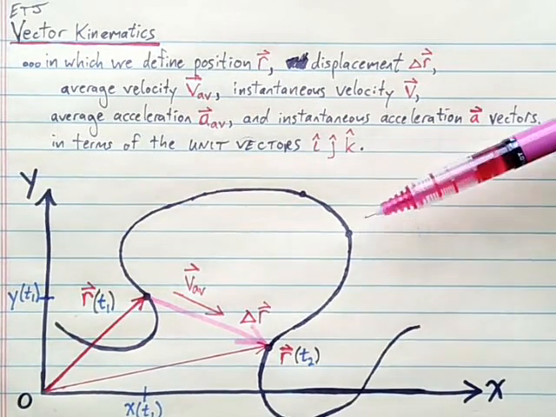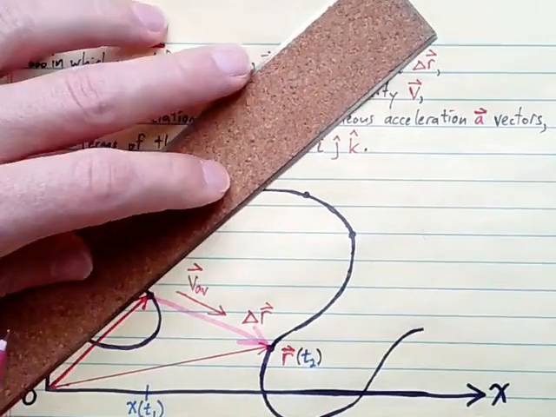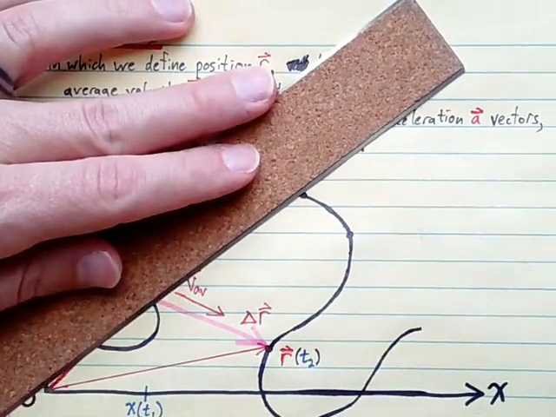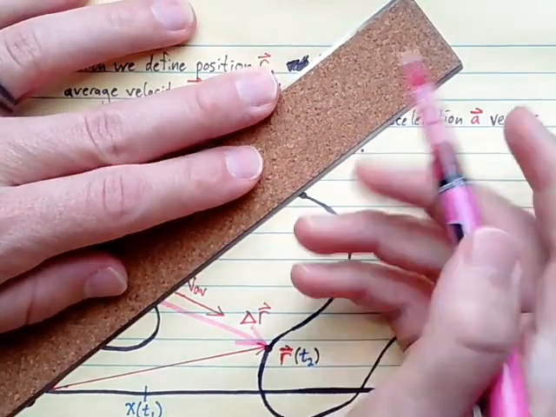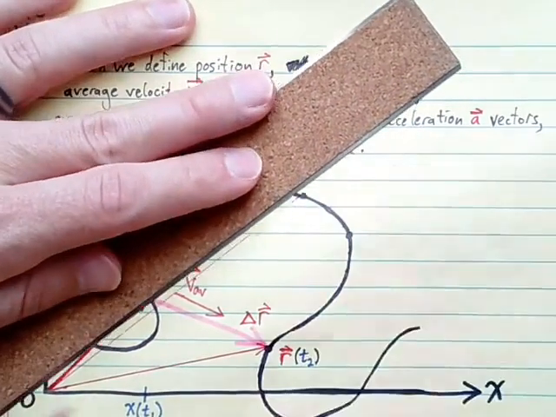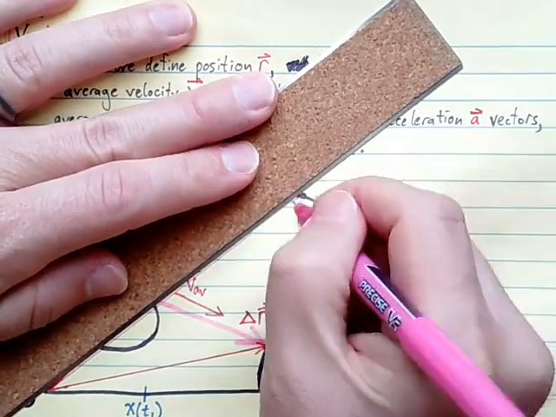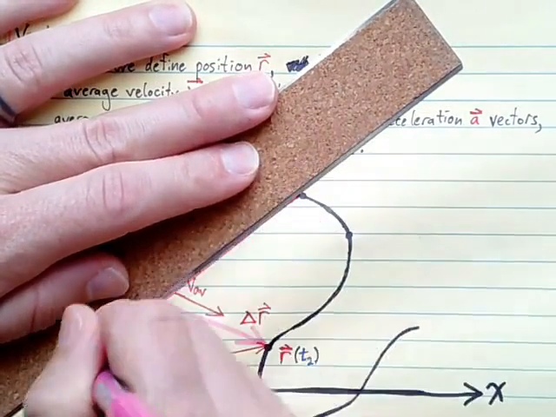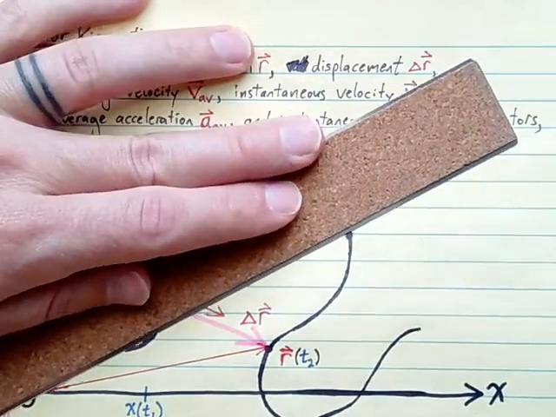Let's draw on the position vectors at those two. Okay, position vector at that time and position vector at this time.